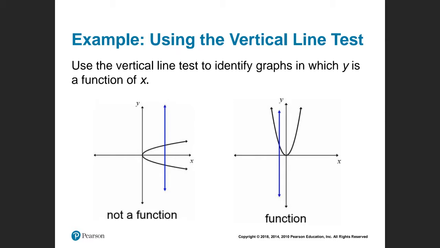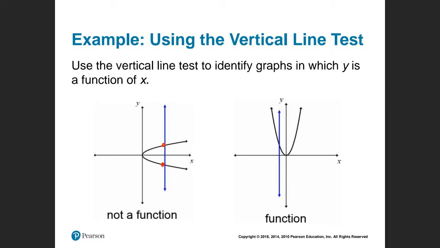Look again at the blue one, the vertical line. After that, look at the intersection. If more than one point, it means it's not a function. Remember the definition: if any vertical line intersects a graph in more than one point, the graph does not define y as a function of x.